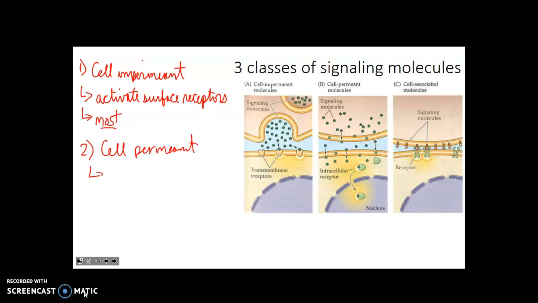So these things involve, like I mentioned before, gases. Nitric oxide is an example. Lipid-based molecules. Endocannabinoids are these types of molecules. The way that they work is they can easily diffuse right through the cell membrane. They don't have to have any receptor on the cell surface, and they don't even necessarily need to go through any release event. Okay?